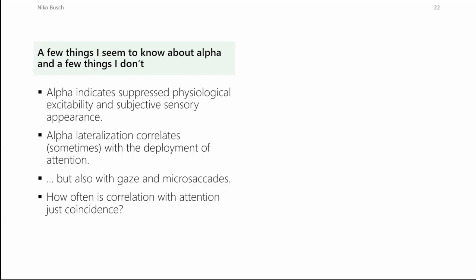So what this may indicate is that sometimes the correlation between cueing and the direction of attention might be more coincidental, rather than showing that alpha is a causal mechanism for stimulus selection, selective attention, memorization, etc. I'm not saying that there's nothing to it.